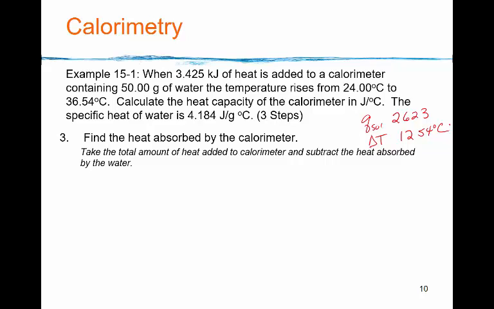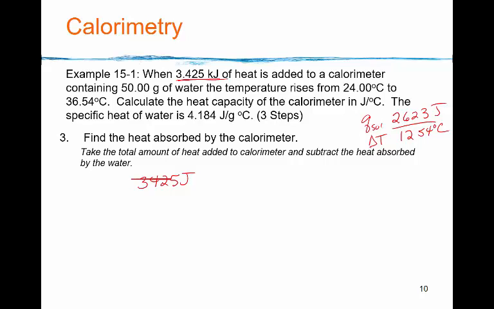So to do that, we're going to take the total amount of heat that we added to the calorimeter, which was 3425 joules. I'm changing that to joules, by the way, because I already have this number in joules. I could do it in kilojoules if I wanted to, but then it'd be in decimals.